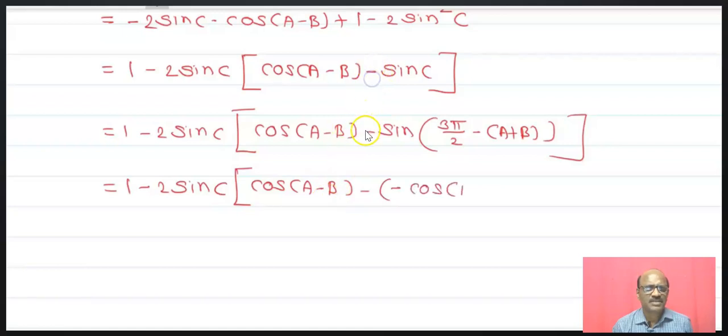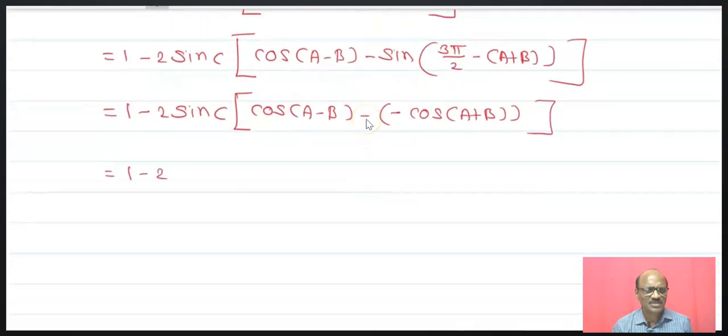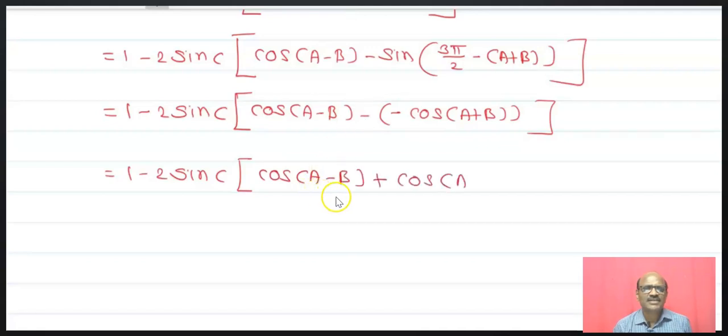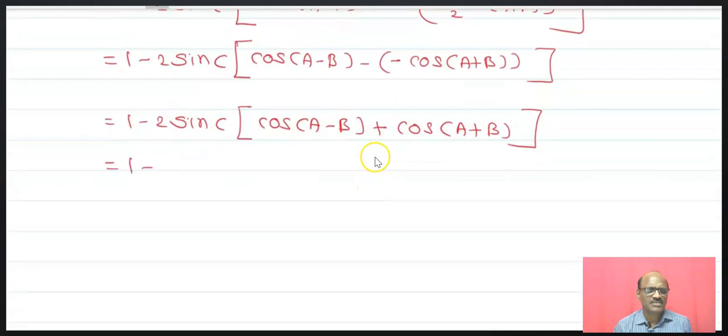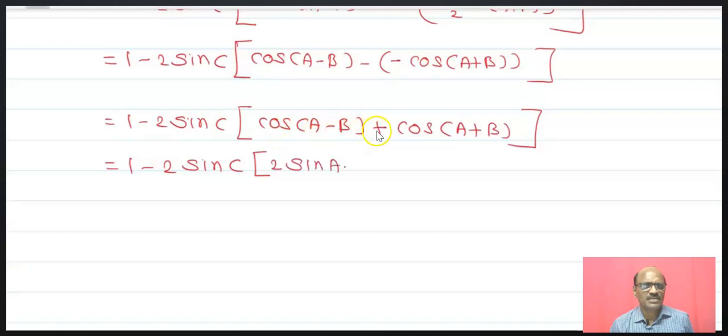Here must be the plus sign, here is also a plus sign, and here is also a plus sign. And here is a minus sign. Now when we expand this, cos of (a minus b) minus cos of (a plus b), then you will get 2 times sin a sin b. Here must be the minus sign.